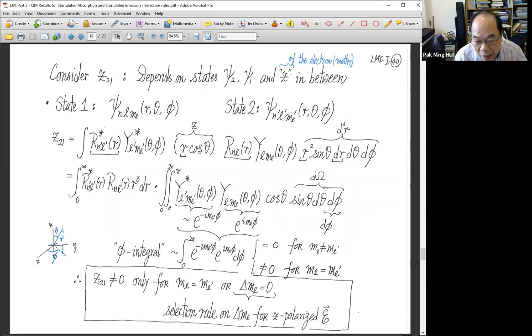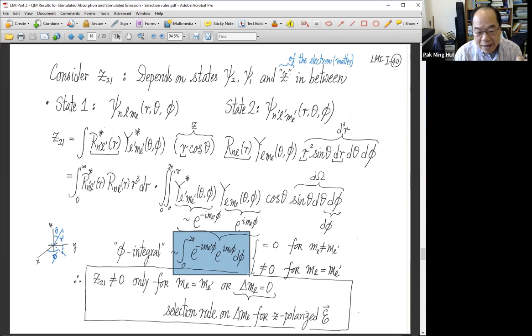We have d theta, d phi. Let's consider the phi integral. Remember, in spherical harmonics, the phi part is e to the i m phi. And Z in particular does not carry a phi. So it's only cosine theta, no phi. So you do the phi integral, you have this.